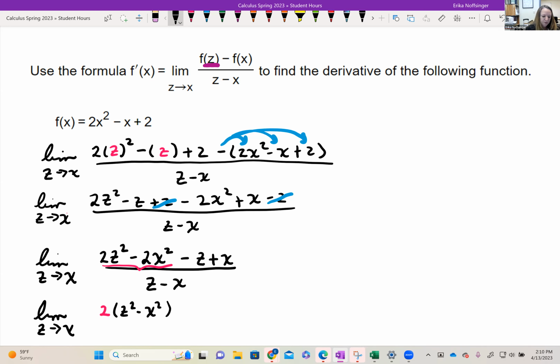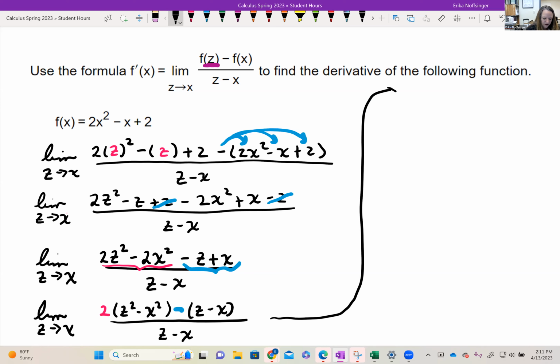And then let's pull out a negative 1 from negative z plus x. So pulling out a negative 1, we would be left with z minus x all over the quantity z minus x. Okay, so again, we had a difference of squares in here, so we're going to rewrite that.